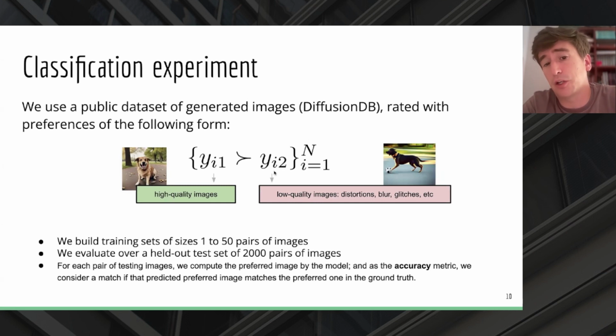So the accuracy measures if that is a match with the ground truth in the dataset. So it's just 0, 1, and then it's averaged. We can only do 0, 1 because we don't have the underlying probability.